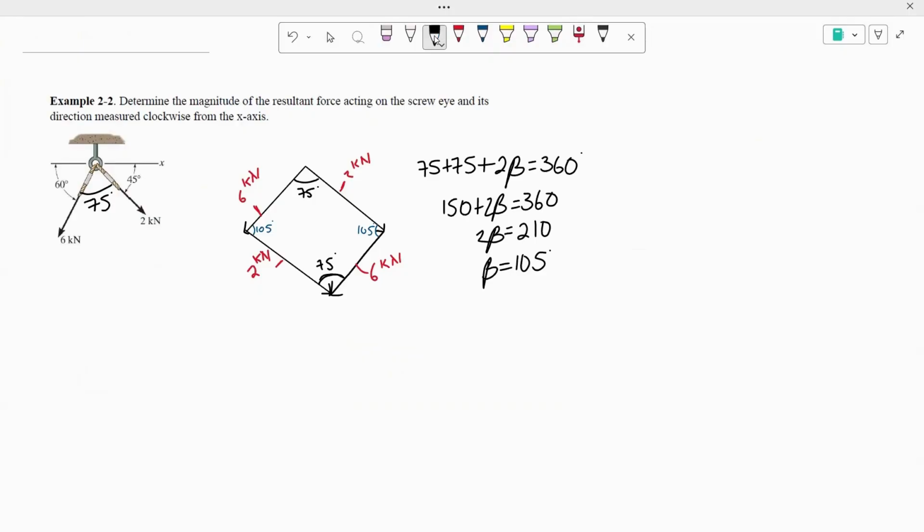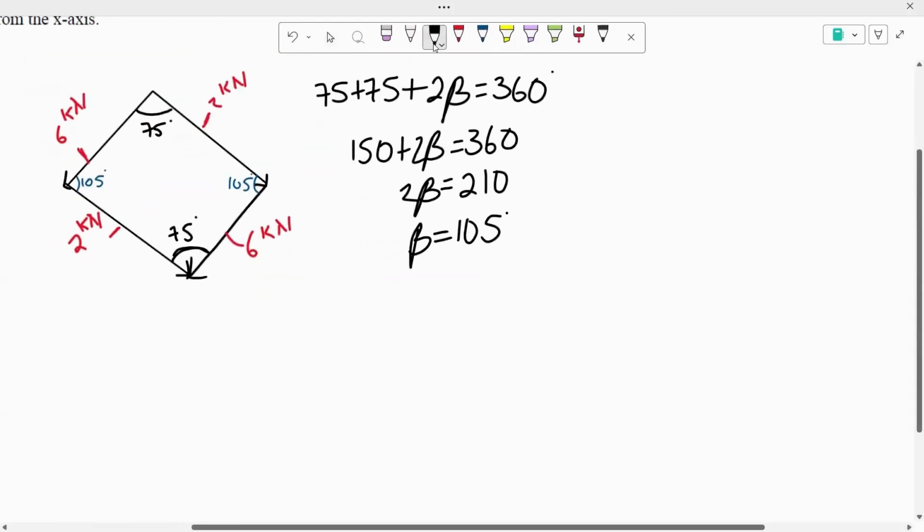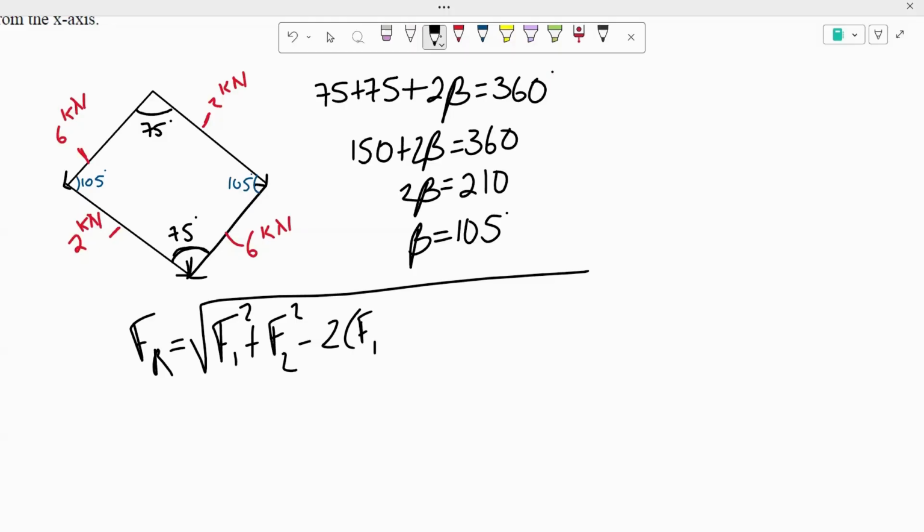Using the cosine law and rewriting it just a bit, we end up getting this equation: F_R, which is our resultant force, is equal to the square root of F_1 squared plus F_2 squared minus 2 times F_1 times F_2 times cosine beta.